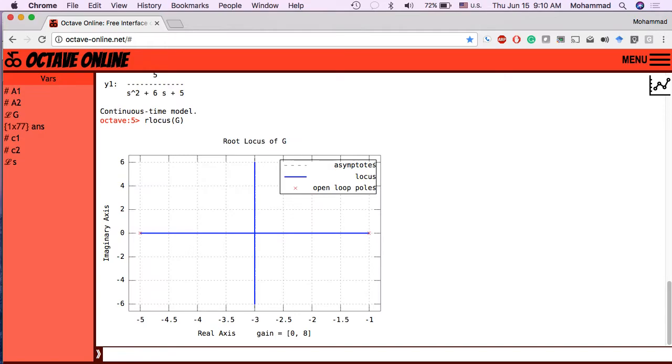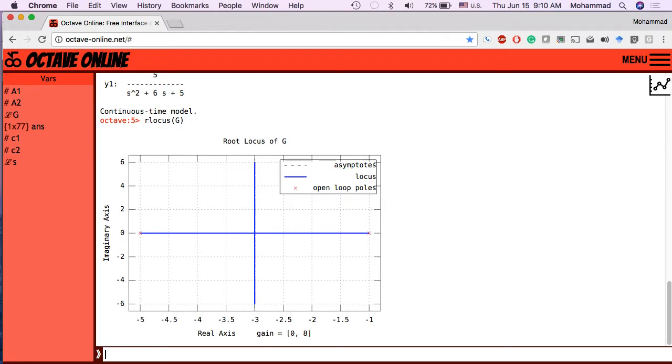Please do the same thing. It would be better to do it in MATLAB because MATLAB gives you a clickable root locus. So I'm repeating the same thing that I did in the online version in the MATLAB version. Let me give you one of the screens so you can see my MATLAB screen.